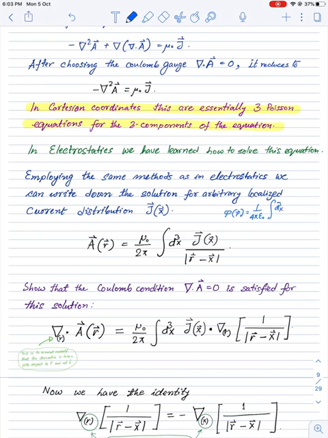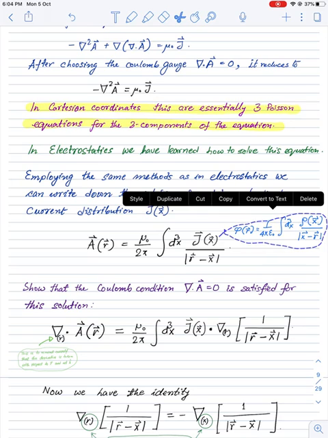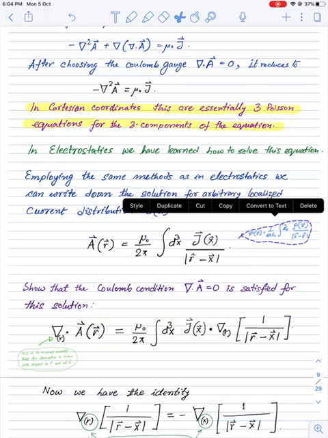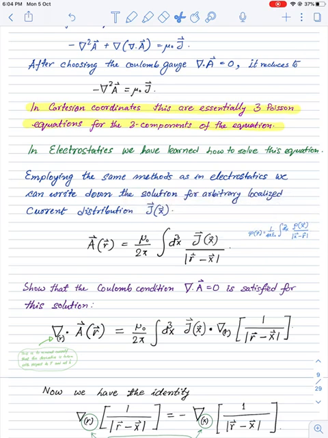Integral of d cube x, some charge density at x divided by mod of x minus r. So if you remember, this was the result in electrostatics. Okay, and so this is right.